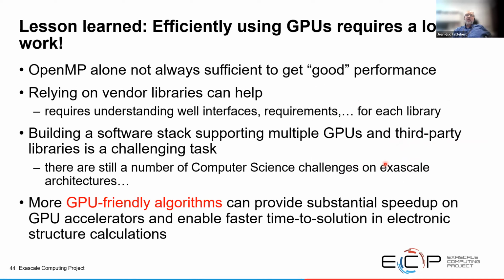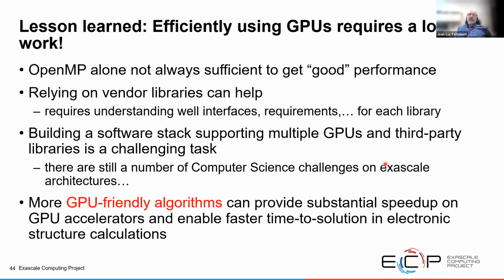Now let me finish with one slide with some lessons learned. It has been an experience for many people, I believe, but using GPUs efficiently is a lot of work. As I showed, using OpenMP alone is not always sufficient to get good performance. I finally got enough performance, but it was really a lot of work.